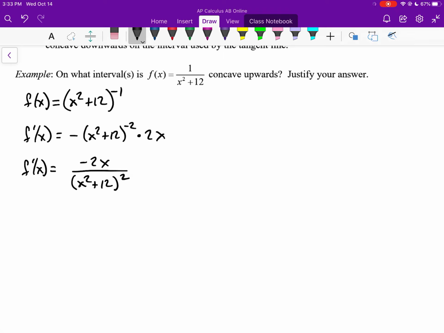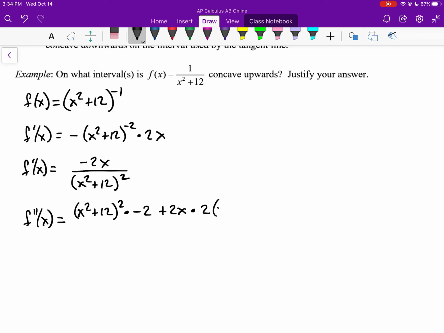I've got to find the second derivative to identify if something is concave up or concave down. And so we're going to go and find our second derivative. In order to do this, I'm going to need to do a quotient rule. It is the denominator, x squared plus 12 squared, times the derivative of the numerator, minus 2, minus the numerator, which is going to be positive 2x, times the derivative of the denominator, which is going to be a chain rule.